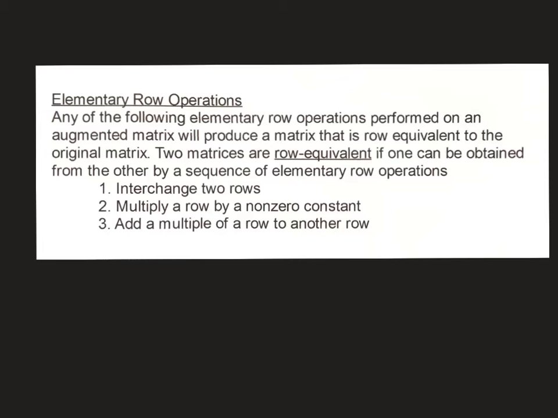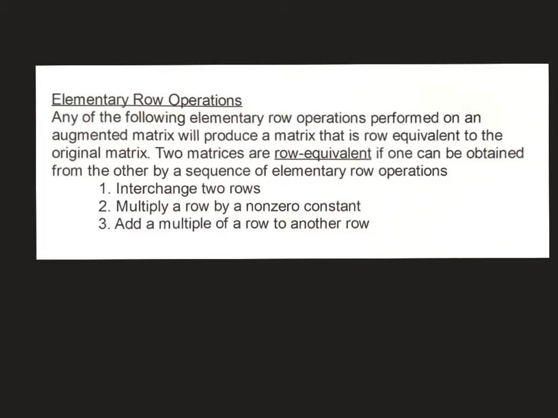So we can interchange 2 rows, meaning we can completely swap those values, take the second row and make it the first row, and then the first row becomes the second row. We can multiply a row by any non-zero number. So it can be a decimal, fraction, whole number, it doesn't matter as long as it's not 0.